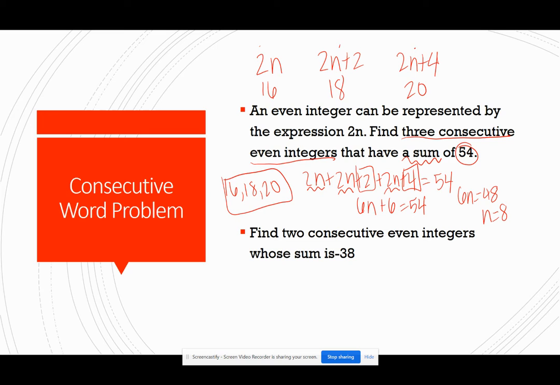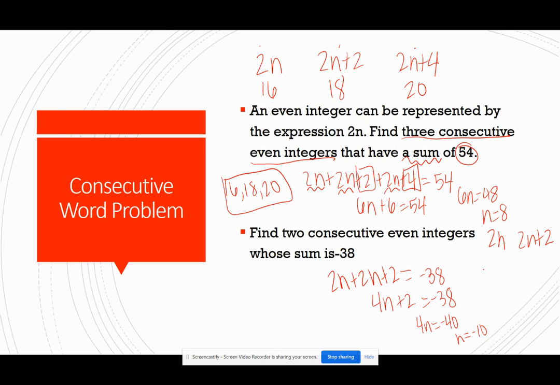Let's try another consecutive even. So now we're working with 2. So we know we have 2n and 2n plus 2. And once again, we're working with sum, so we're going to add them up. And we say it is, so "is" means equals negative 38. Combine our like terms, 2n and 2n is 4n, plus 2 is negative 38. Subtract, so 4n equals negative 40, and our n is negative 10.